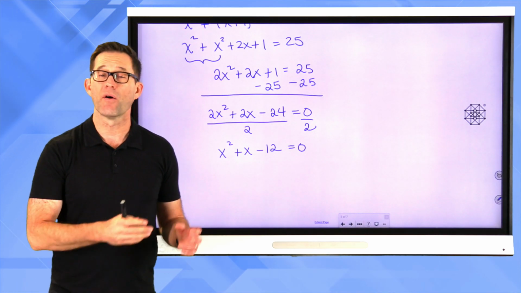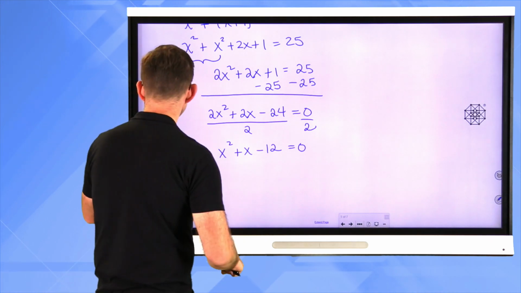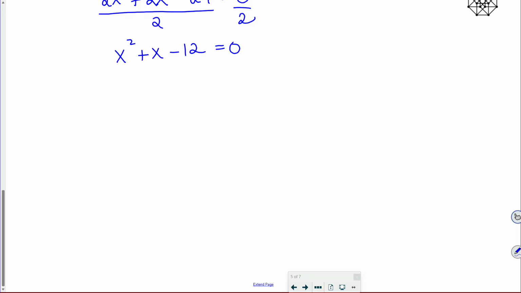And then you can solve this algebraically equivalent equation. That one's going to be pretty easy to solve. I want two numbers that have a sum equal to 1 and a product equal to negative 12. Those two numbers are 3 and 4, with the 3 being negative and the 4 being positive.